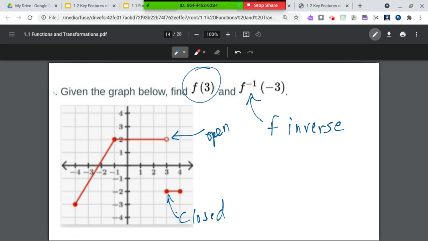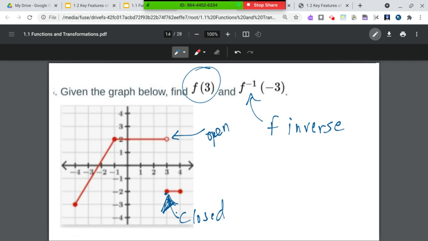If the 2 is open, it can't include it, but what value is closed and can work? Negative 2. See how it's at negative 2 here?